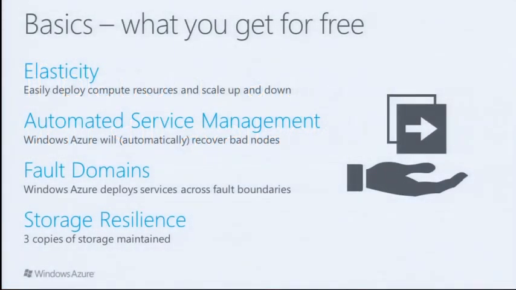Now, great news with Windows Azure is we give you a bunch of things free. We give you the ability to easily deploy compute resources. You can deploy your website with 5 web instances, and if you need more capacity, you can hit essentially a dialog box, change the number of instances you have deployed, and we take care of deploying those extra compute instances.